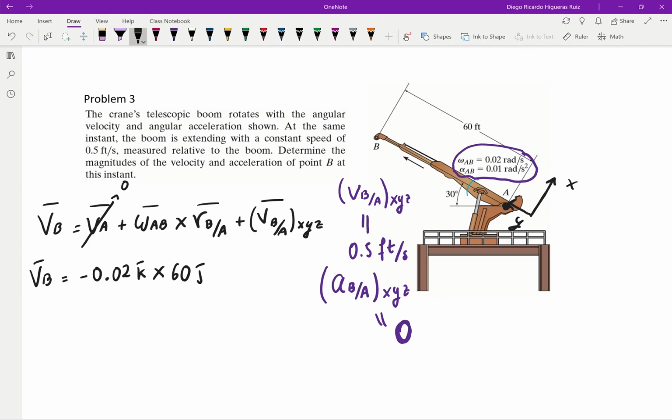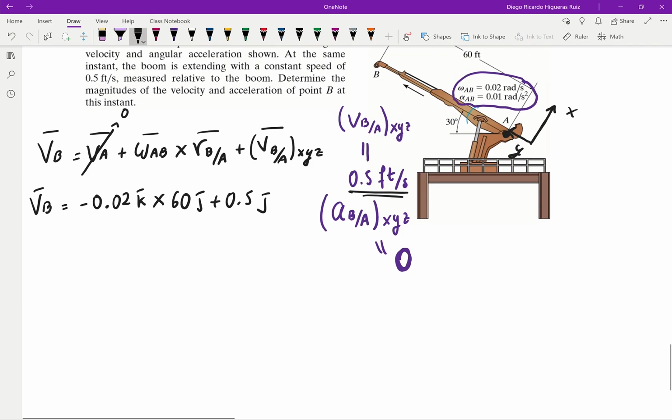We have 60 and then negative k, that's okay. And then we also need to add positive 0.5 j, which is the 0.5 feet per second given in the problem. So we solve for this, and we're going to have 1.2 i plus 0.5 j feet per second.